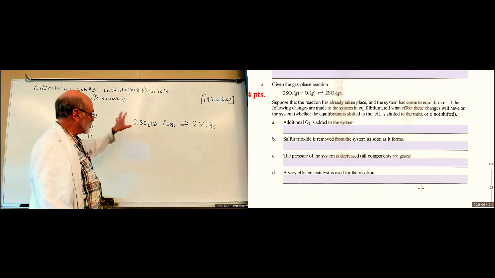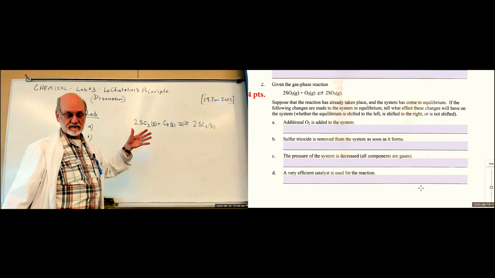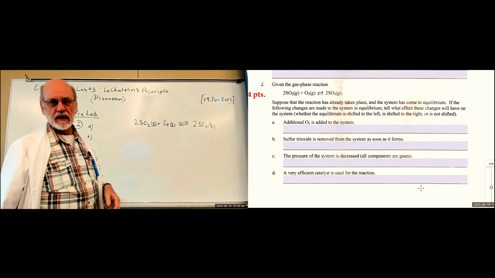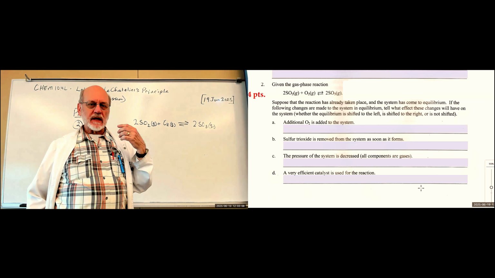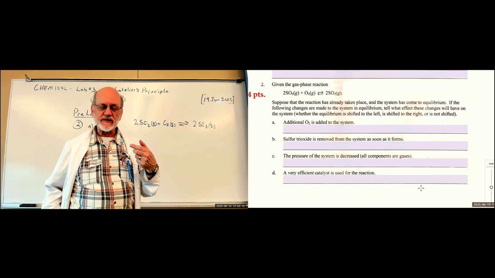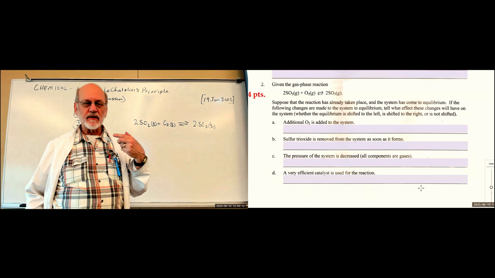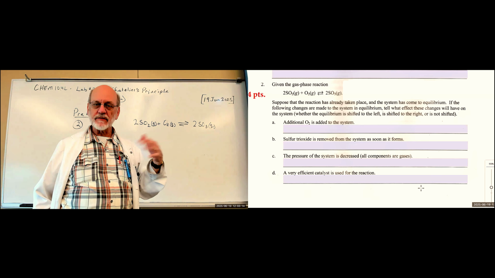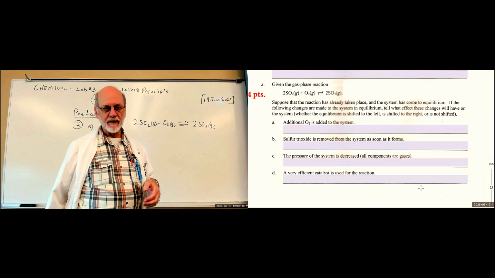Now, we're referencing this equation, so you can say left or right. So if the following changes are made to the system, tell what effect they will have on the system, whether it shifts to the left or the right or it doesn't shift.